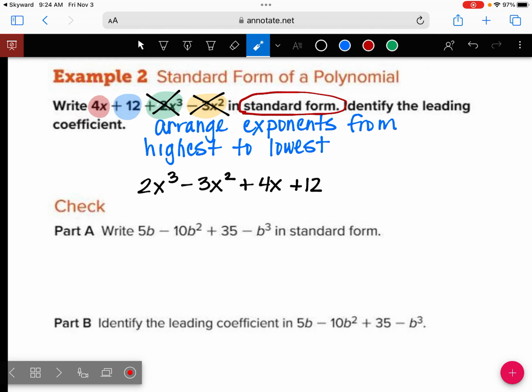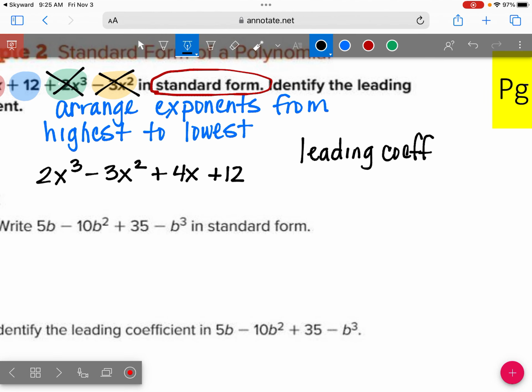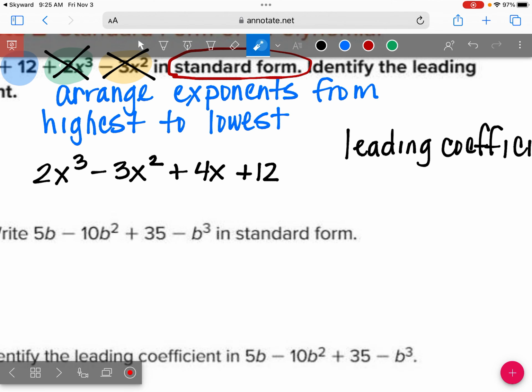So now that it's in standard form, it says identify the leading coefficient. So our leading coefficient is the number in the very front, the number that's leading the train.